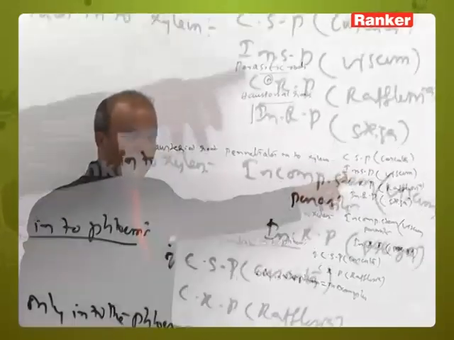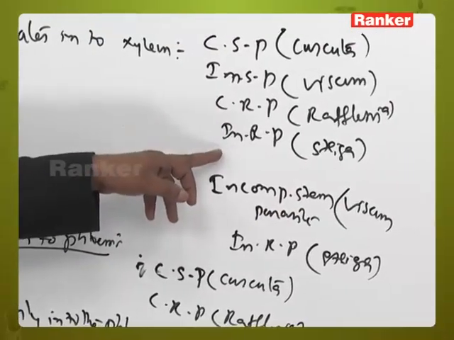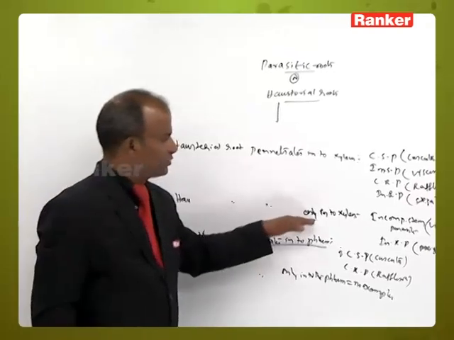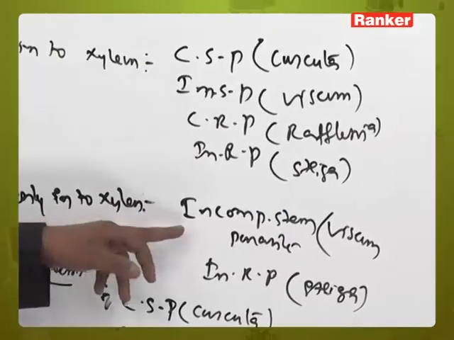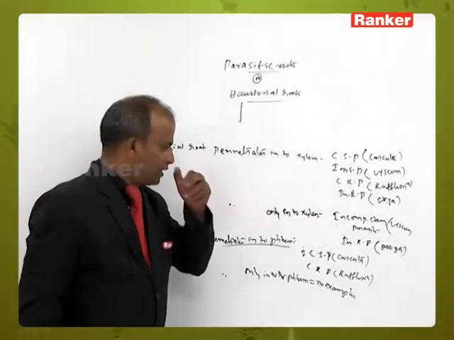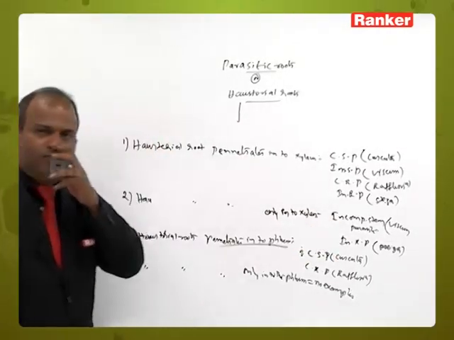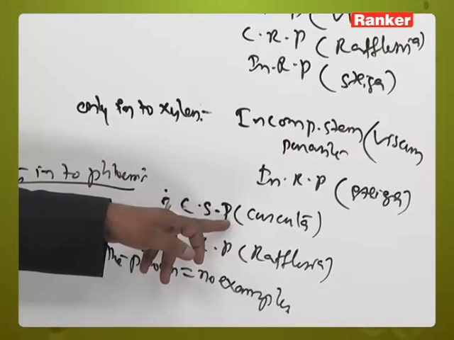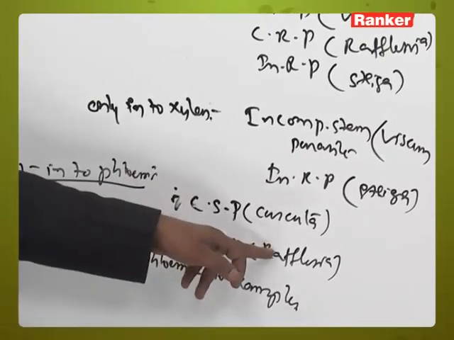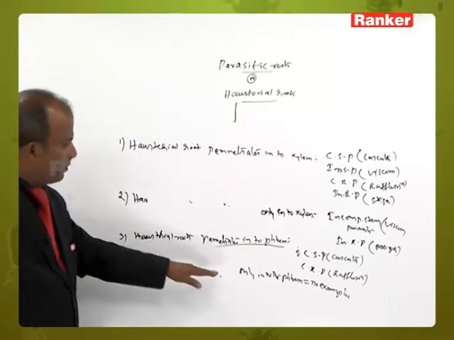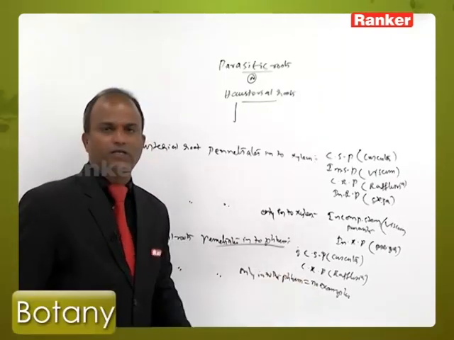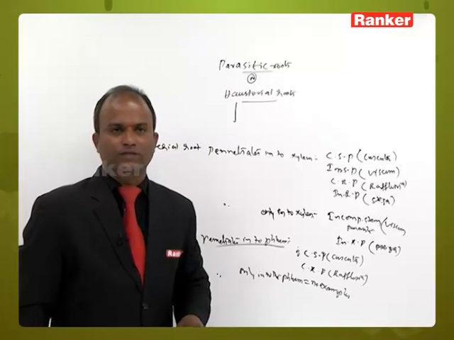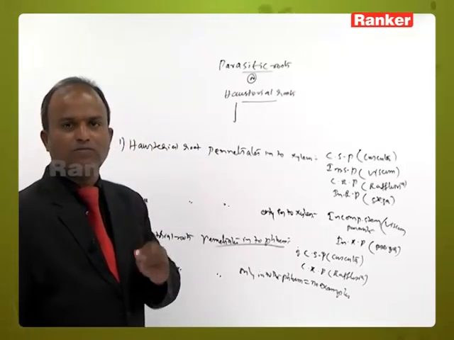Complete stem parasite Cuscuta, incomplete stem parasite Viscum, complete root parasite Rafflesia, and incomplete root parasite Striga. Whereas haustorial roots penetrate only into the xylem: incomplete stem parasite Viscum and incomplete root parasite Striga. Haustorial roots penetrate into phloem: complete stem parasite Cuscuta and complete root parasite Rafflesia. Haustorial roots penetrate only into the phloem: it does not show any examples. This completes root modifications.